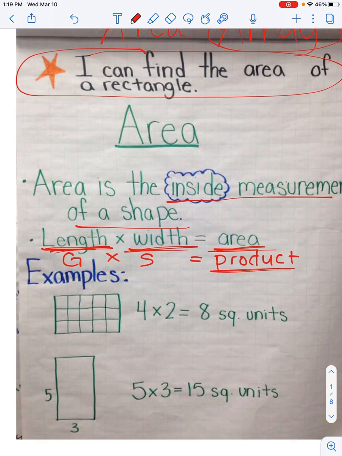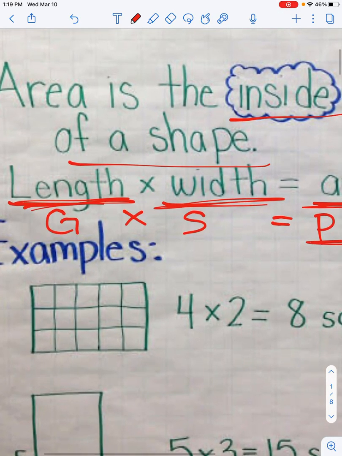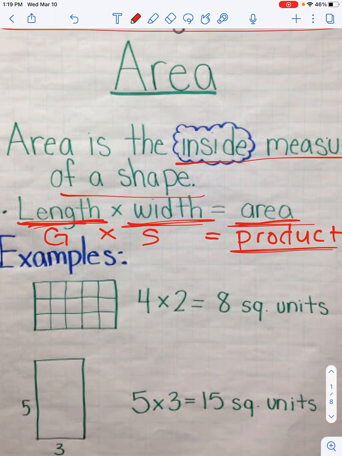So let's look at these examples here. When we see this first example, I can see that there's a rectangle and that there are squares inside. There are a couple different things that I can do. I can either just count the squares, so 1, 2, 3, 4, 5, 6, 7, 8, 9, 10, 11, 12, 13, 14, 15, right?